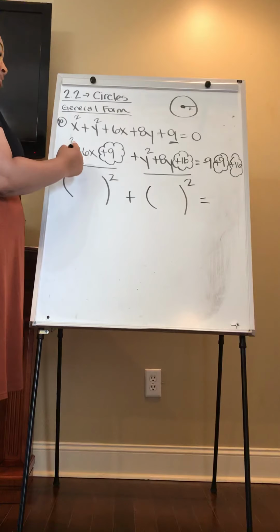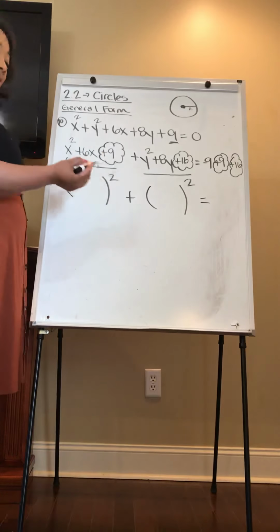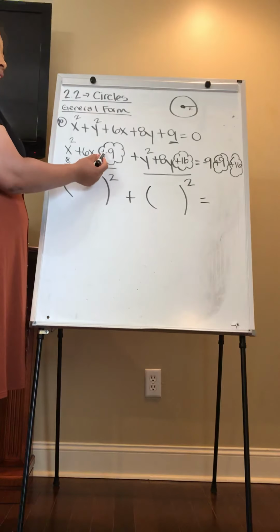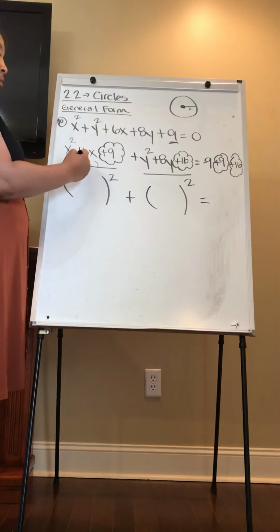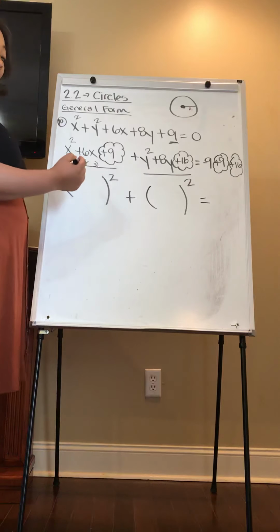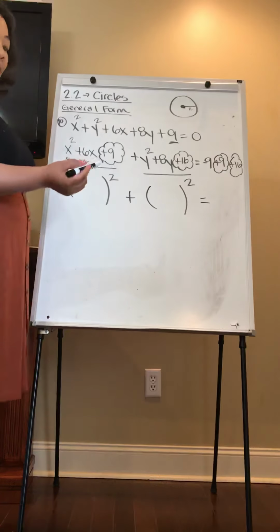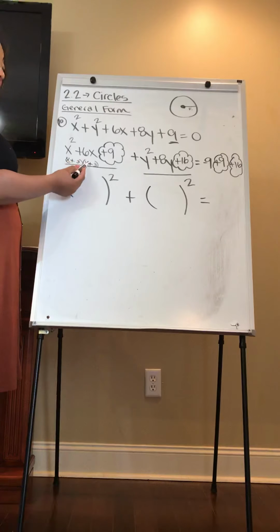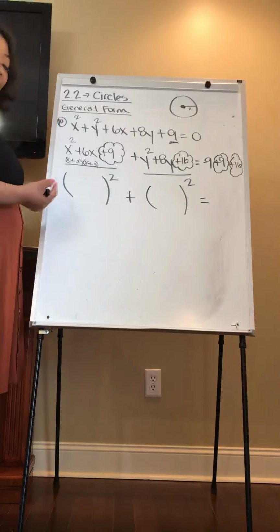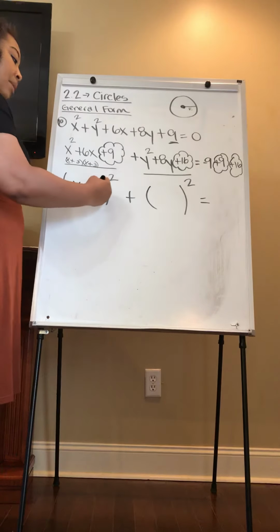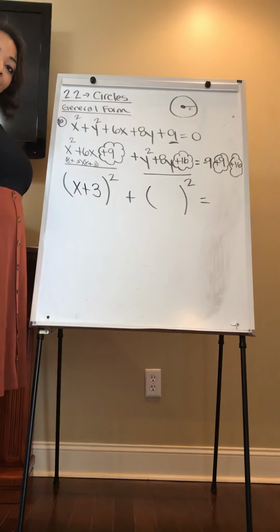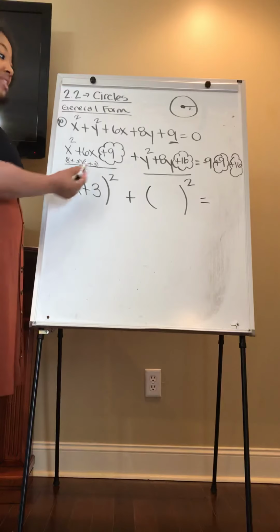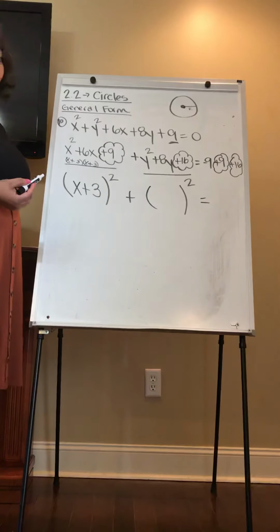If I was to factor this into 2 parentheses, you would have x at the front of both, and then factors of 9 that's going to add and give you a 6 would be 3 and 3. 3 plus 3 is 6, 3 times 3 is 9, and both of them would be positive. So you would have the same parenthesis twice. So in this parenthesis, it must say x plus 3. I have x plus 3 2 times. That's the factor form of the x side.